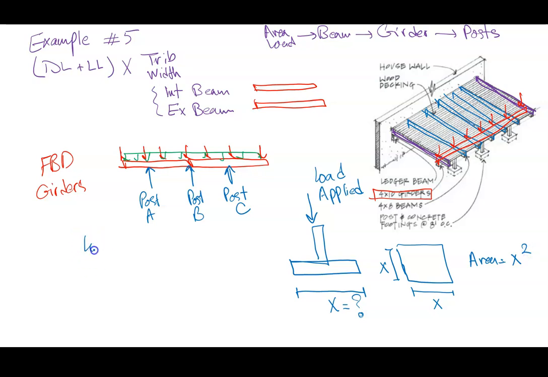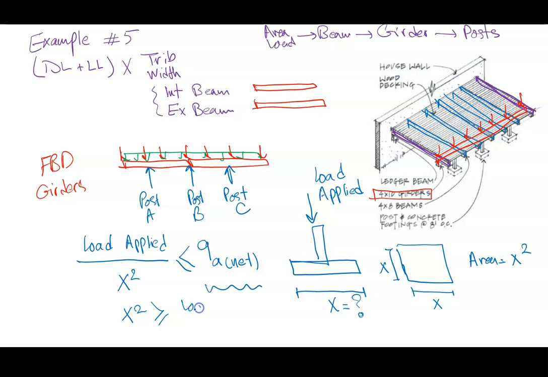So we said that load applied divided by area of footing should be equal to or less than net allowable bearing capacity. And this is what we get from geotechnical investigation. So if you rearrange, this should be higher than load applied divided by net allowable bearing capacity.